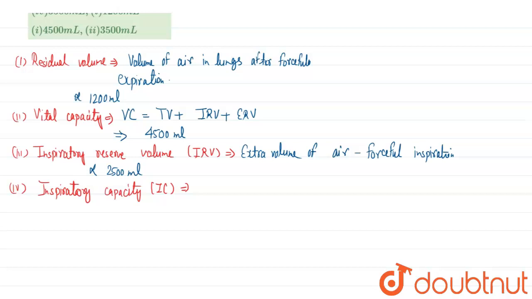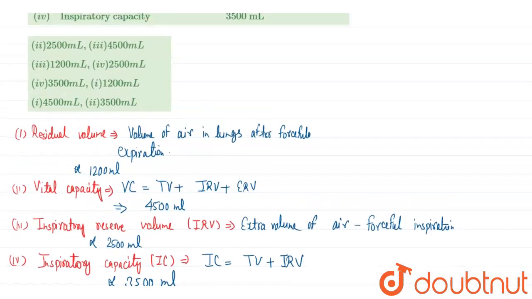That means we are doing the normal expiration. It can be calculated by the formula IC is equal to the tidal volume plus the inspiratory reserve volume. Here the amount will be 3500 ml.